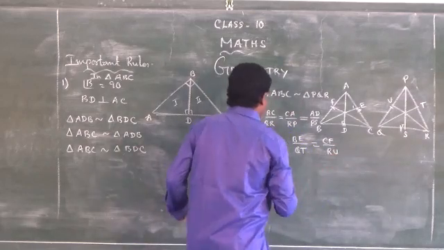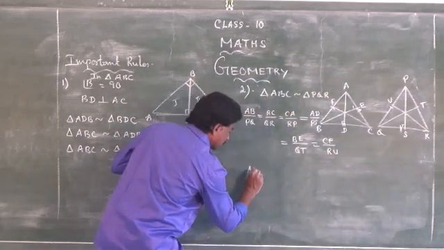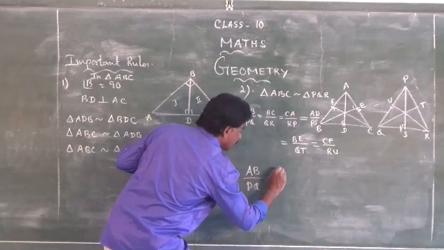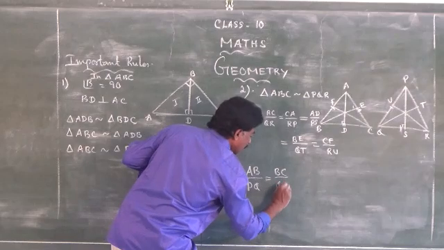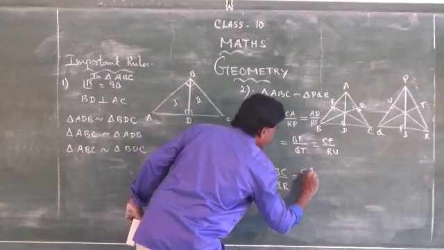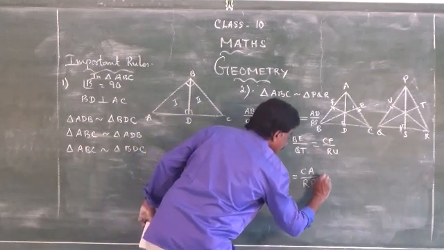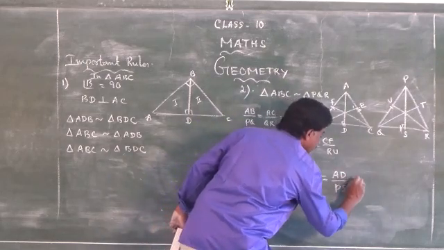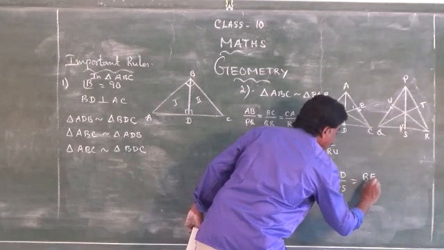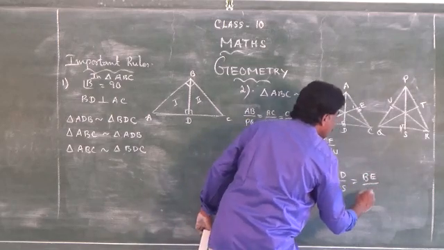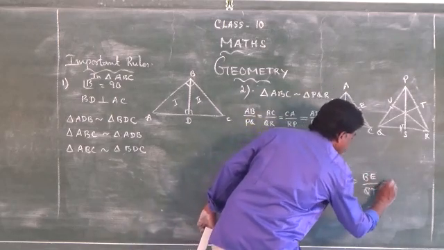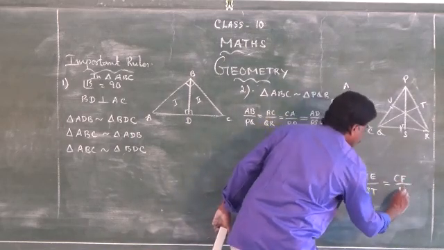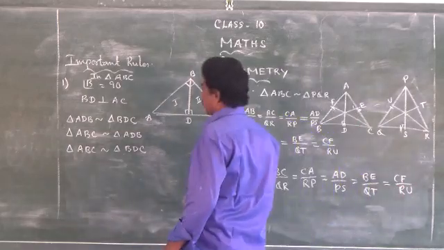So what is given? AB by PQ equal to BC by QR equal to CA by RP is equal to AD by PS is equal to BE by QT equal to CF by RU. This is the condition. That is the second one.